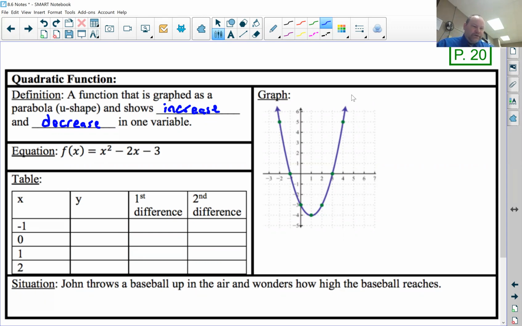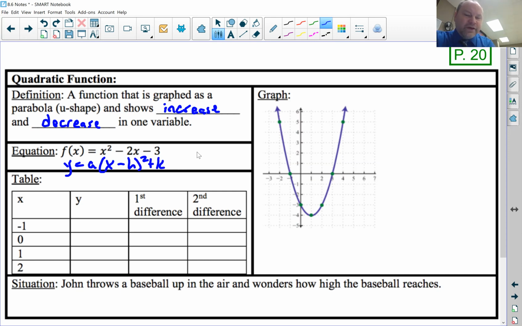Again, there are several different ways that you can write an equation for a quadratic function. We have our standard form, which is the one given here, x squared minus 2x plus 3. We have vertex form. We could have y equals a(x minus h) squared plus k.